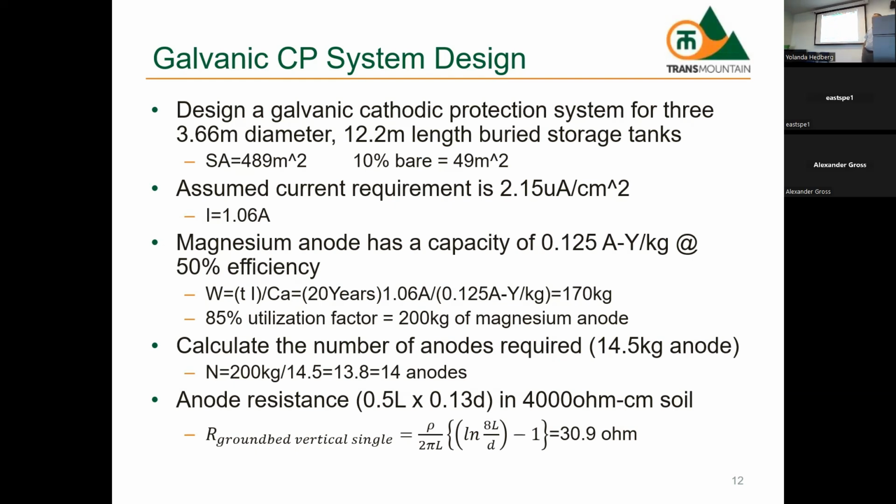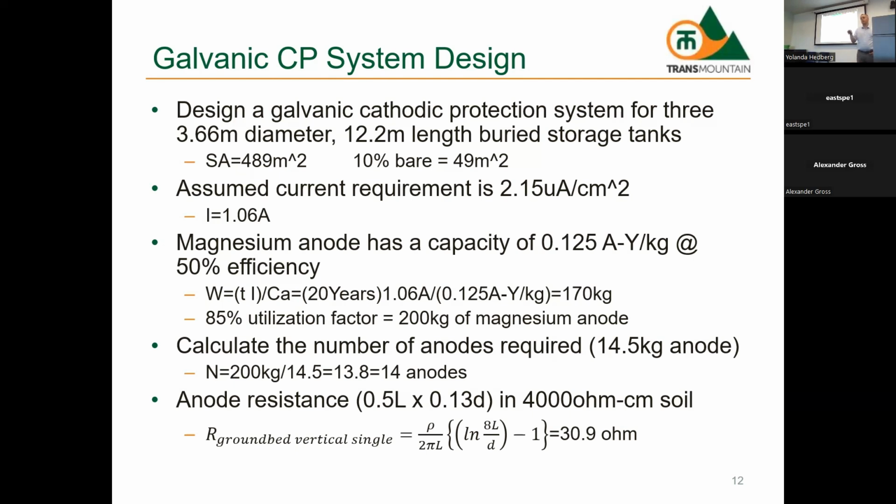When you go to get magnesium anodes, there's a table, and they're all different sizes. You can get 3 pounds, 5, 7, 9, 11, 14, 32. You can get a huge magnesium anode that comes on a crate or a truck, all different sizes and weights.